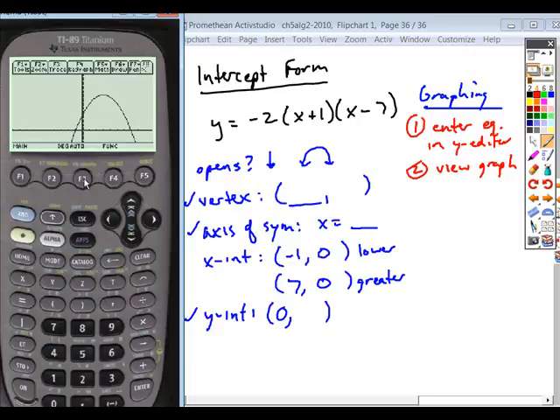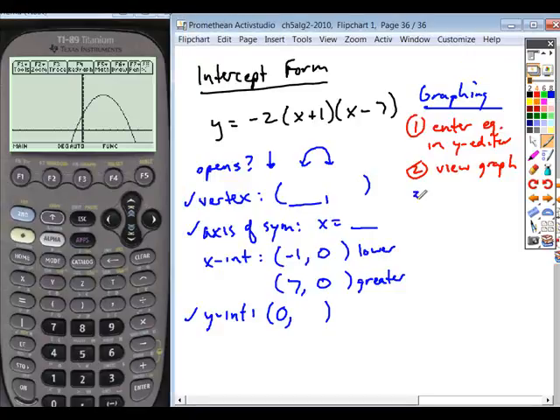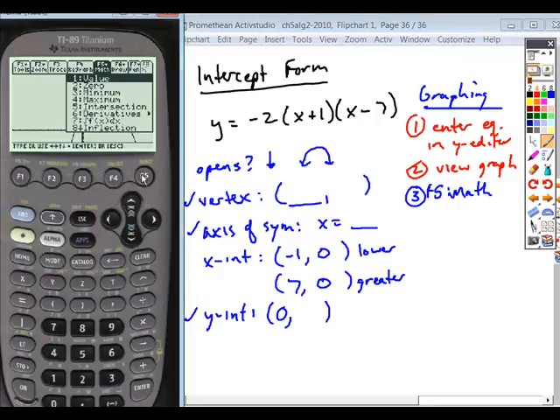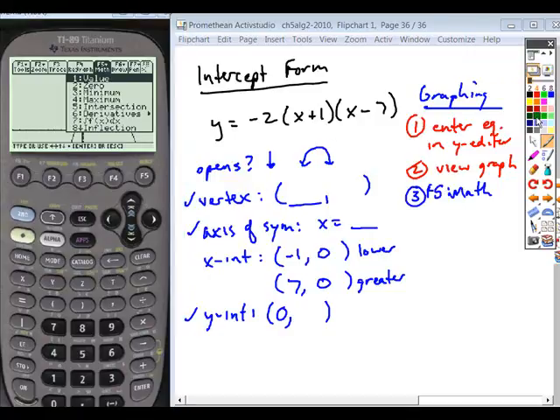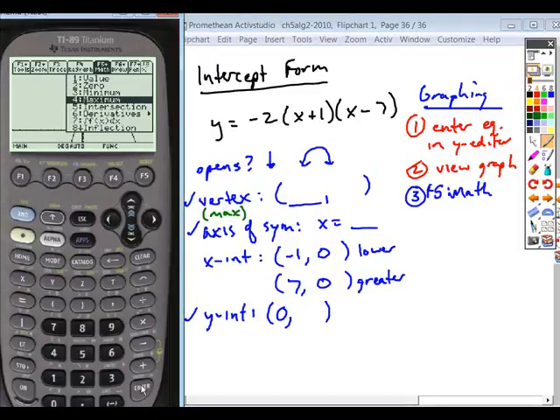And so when we plug in to solve for our vertex, again, we're using the F5 Math tab. This time we're going to choose that our vertex is a maximum. So when we select this, we're going to choose number 4, maximum.